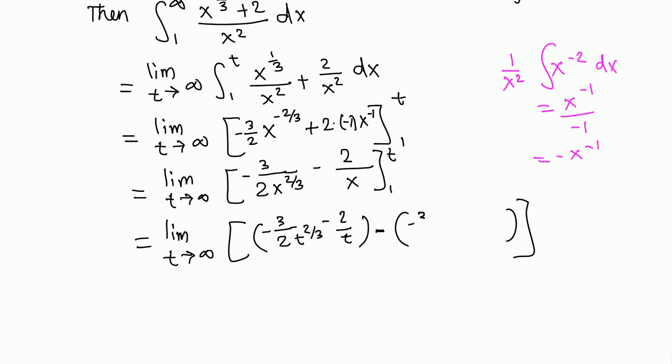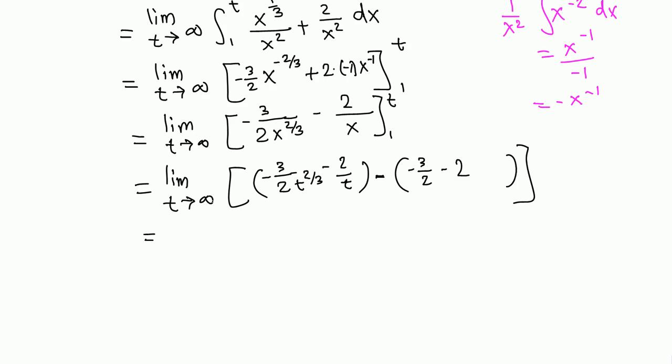Negative 3/2 times 1 raised to 2/3 is 1, so just 3/2, minus 2 over 1 is 2. Now simplify, and at the same time let t go to infinity. So 3 over 2 t^(2/3): when t goes to infinity, this factor goes to infinity, and 3 over infinity, 3 over very big, is 0. This part is 0. Same thing here, 2 over infinity, very big, 0.